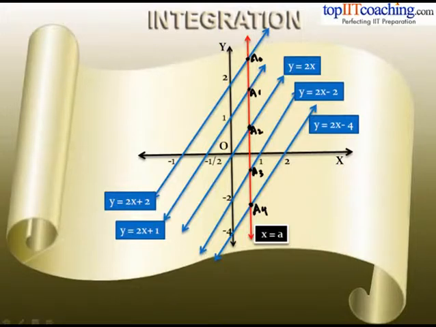But the condition remains the same. The tangents at all these points of intersection would have been parallel. Thus for different members, we would have obtained different tangents, but the slope of all these tangents is the same. Thus we can say that integral of f x represents a family of curves.